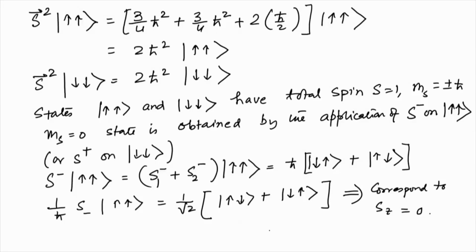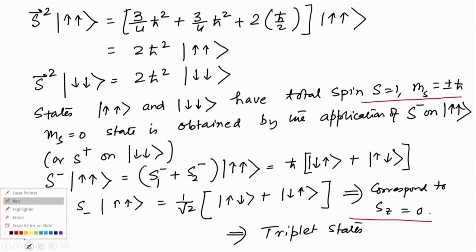The two that is coming over here with spin s equal to 1 and m s equal to 1 is here, and the other one comes from here. So, these are the three states.